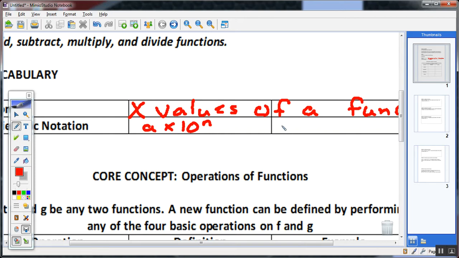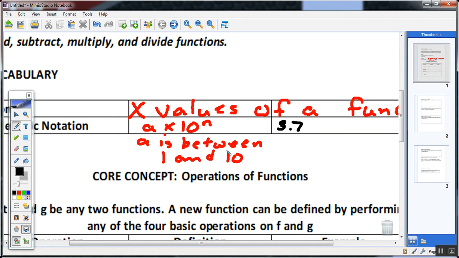So an example would be like this. And maybe I make a note here. A can equal 1, it just can't equal 10. I'm going to say A is between 1 and 10. So as an example of a value in scientific notation, maybe 3.7.